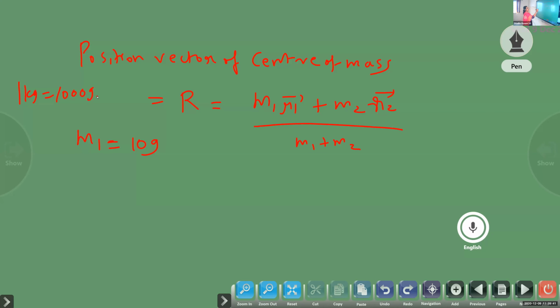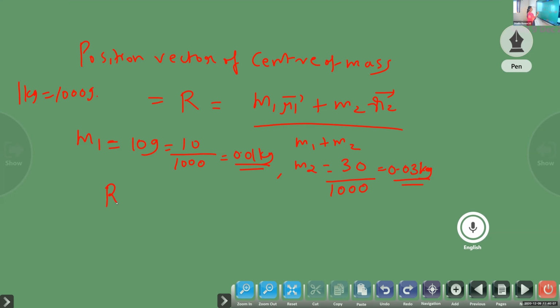Therefore 10 gram equals 10 by 1000, and you are going to get 0.01 kg. Similarly M2 you are getting in grams. So 30 by 1000, you will get 0.03 kg. Now substitute in the equation.